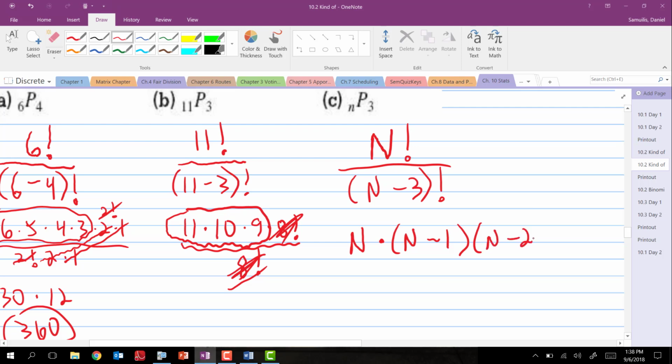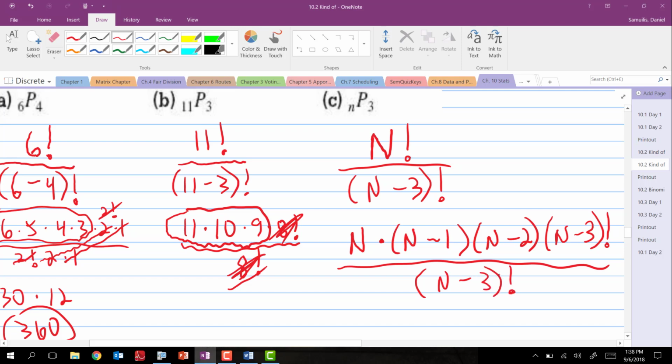N minus 2. And we could do this forever, except for the fact the denominator is n minus 3 factorial. And what's that? It's n minus 3, n minus 4, n minus 5, n minus 6, forever. And what happens forever is those things cancel.